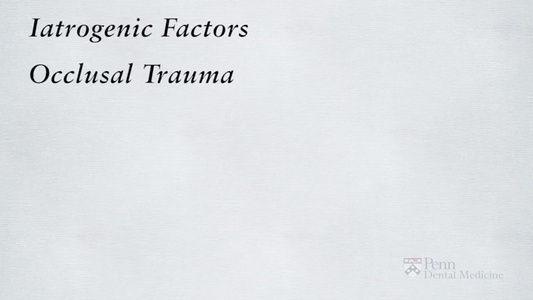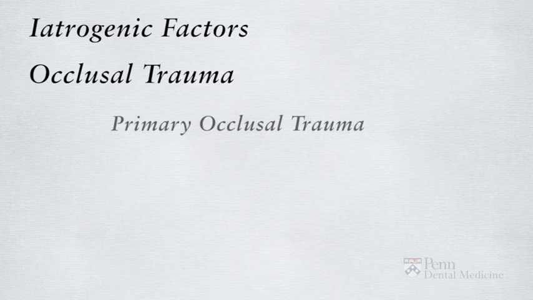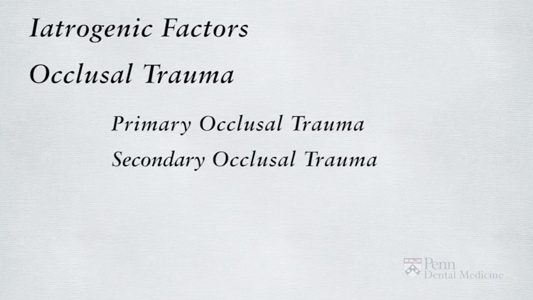Occlusal trauma is another factor, and it is defined as injury to the attachment apparatus as a result of excessive occlusal force. There are two types of occlusal trauma. In primary occlusal trauma, the forces acting on teeth exceed their capacity, and in secondary occlusal trauma, these are normal occlusal forces acting on a weakened periodontium.